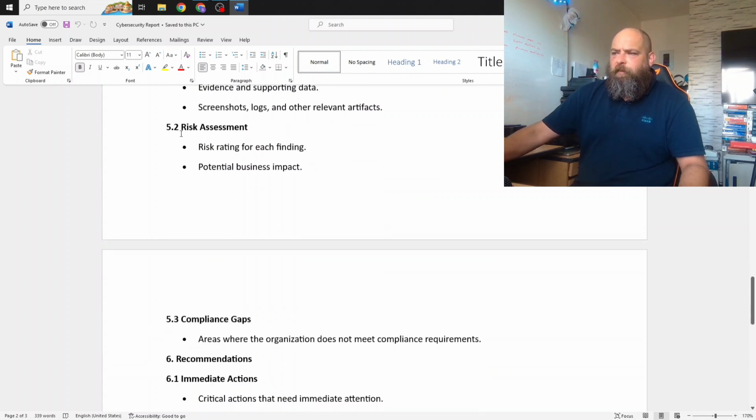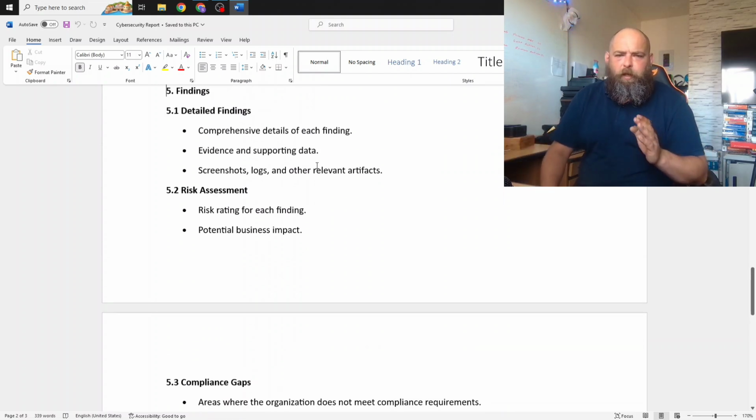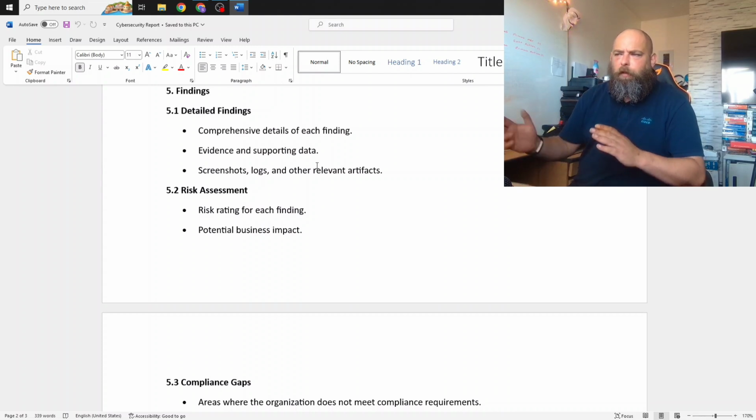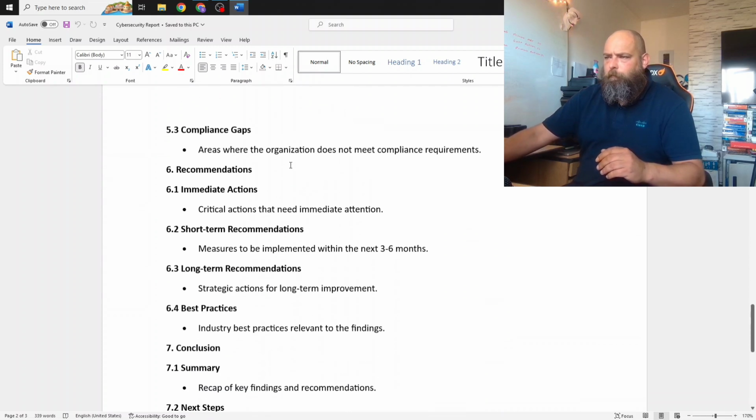Now 5.2 sees us with a risk assessment, so you'd have a risk rating for each finding and potential business impact. Now risk assessments, you would also find there would be an existing document within a business or organisation that would already have allowed for that, so that would have to be encompassed within this document.